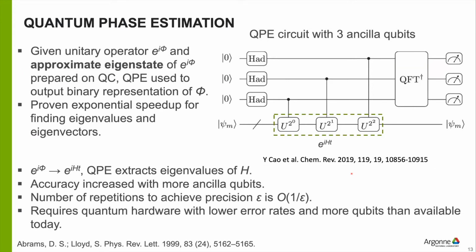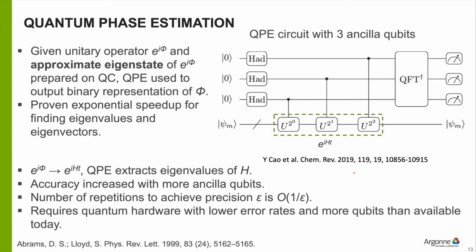problem. So before we go to VQE, I'll briefly mention the quantum phase estimation algorithm. As I've already said, it can be used to find the eigenvalues and eigenvectors of the unitary operators.